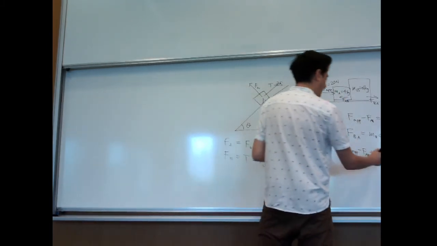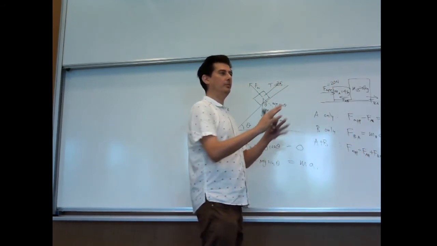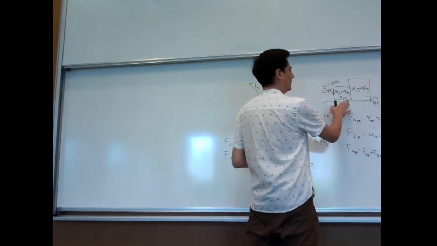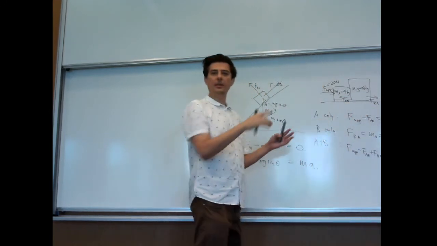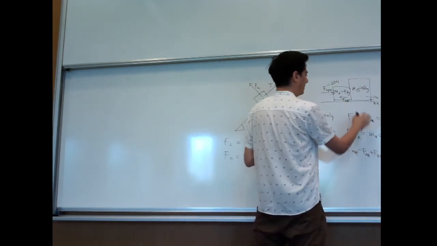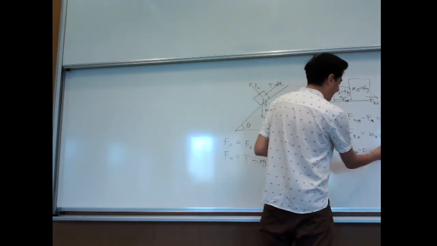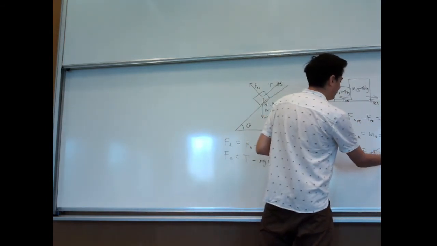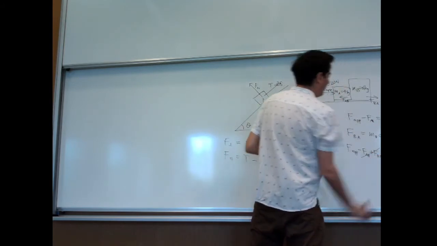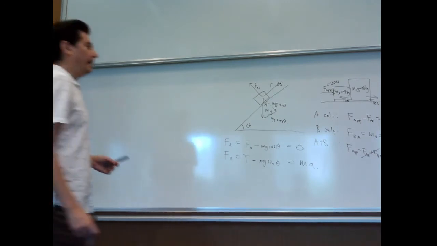I've taken it so that these are all positive. Sorry to confuse you maybe with the notation that we had before, but I've already implied the directions in this diagram. In this case, the magnitude of force BA and force AB are the same, so these cancel, and the total mass of this thing is MA plus MB, equals to A. Those are all the equations that you can write down.